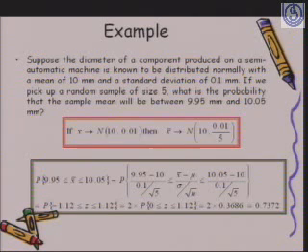And what is the expression that will be replaced by Z, the standard normal variate? It is X bar minus mu divided by sigma divided by under root n.